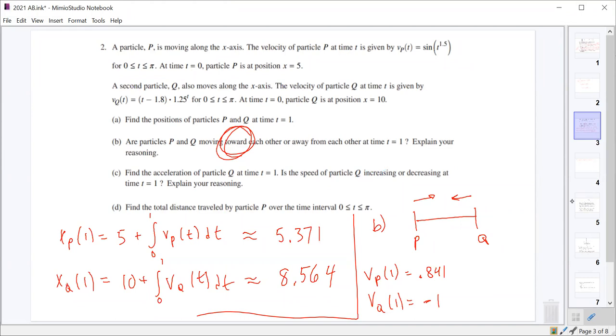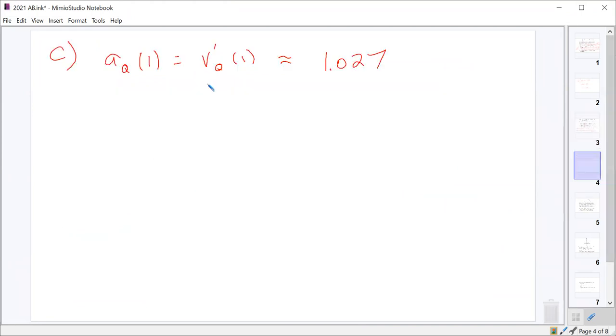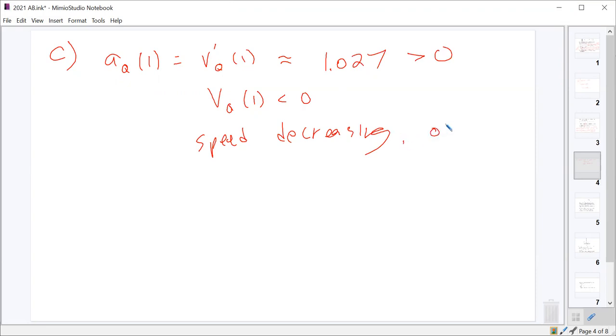Well, the velocity of Q was negative, and the acceleration was positive. Therefore, the speed was decreasing because they had opposite signs. Everybody good with that? And we've talked about that a lot, right? Opposite signs of velocity and acceleration. Everyone good?